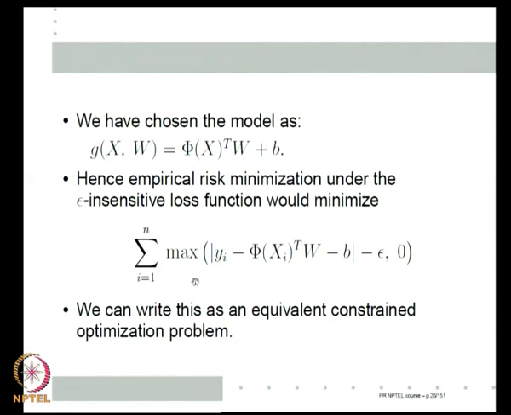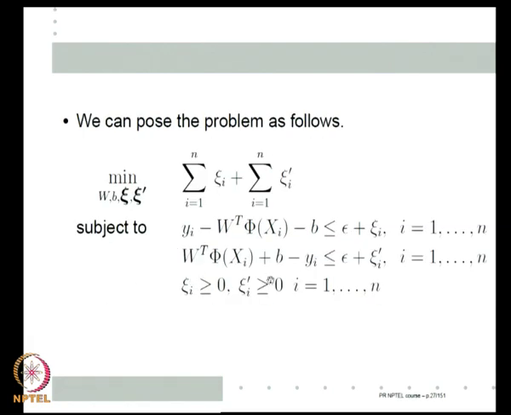Actually, I want both of them to be less than epsilon, because one of them will be negative. So, that is what I wrote here. The absolute value of this difference being less than epsilon can be written as: y I minus w transpose phi of x I minus b should be less than epsilon, and w transpose phi of x I plus b minus y I should also be less than epsilon.